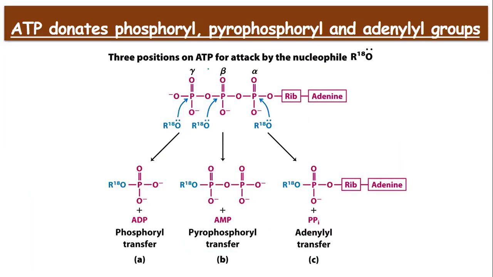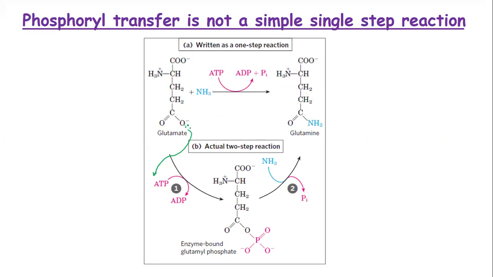So here you can see that once the oxygen of glutamate conducts the nucleophilic attack on ATP, the phosphoryl group will be transferred to glutamate, and then this amino group, which is the second substrate, will come and kick out the phosphate group and take the place of phosphate. So ATP does not transfer its energy by simply breaking its bonds, but by the group transfer mechanism.